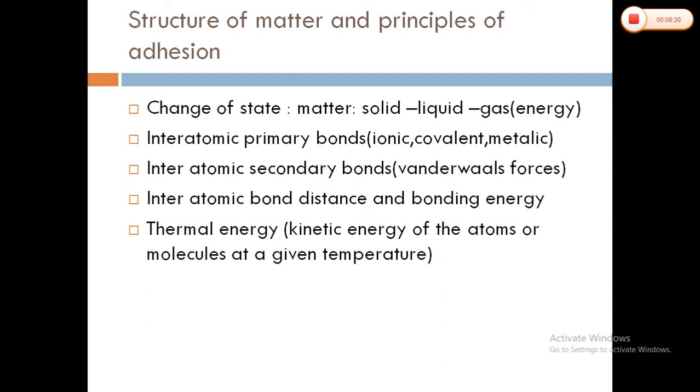In structure of matter, you should also understand interatomic bond distance and bonding energy, and thermal energy. Thermal energy is the kinetic energy of the atoms or molecules at a given temperature. So these atoms tend to move or vibrate. Their energy at a given temperature is called thermal energy.